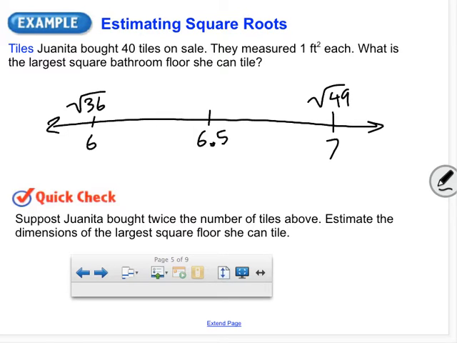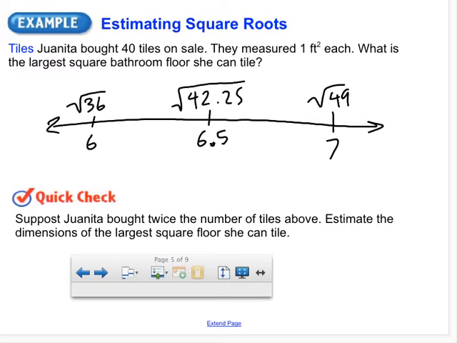Okay, we need to figure out which side of 6.5 the square root of 40 sits. Well, what's the square of 6.5? I can't hear you, can you speak up? So 6.5 squared is 42 and 25/100ths.